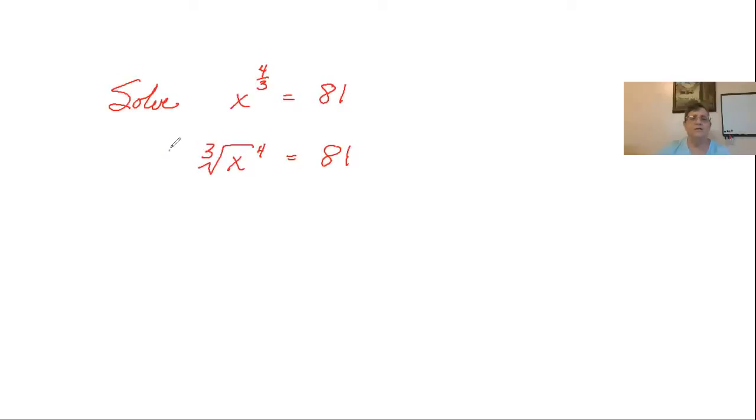In other words, I could do the 4th root of this is equal to the 4th root of this. So the 4th root of x to the 4th cancels. I've got the cube root of x equals 81 is 3 to the 4th.